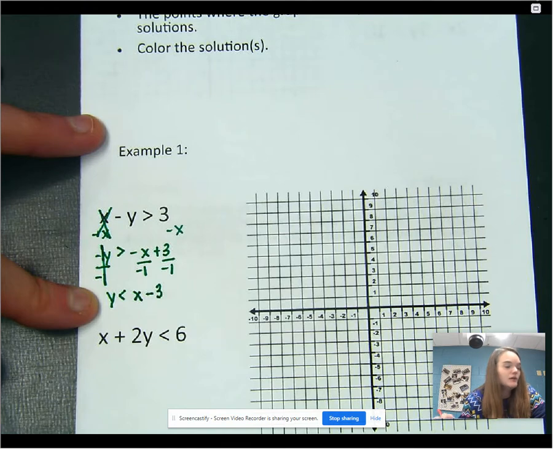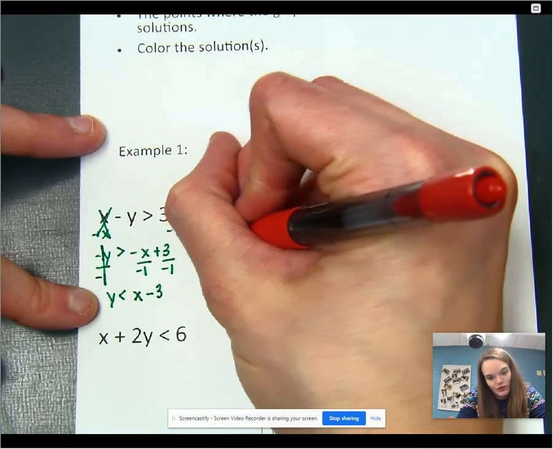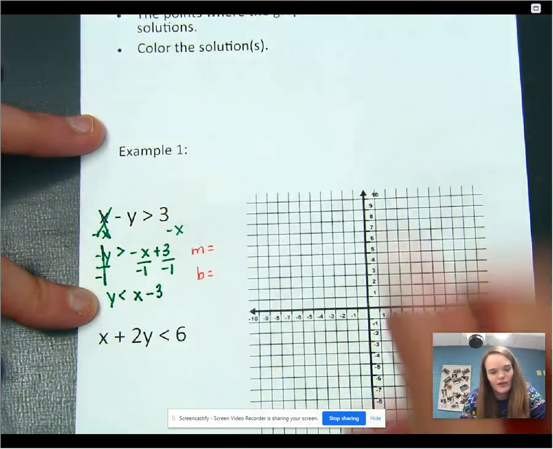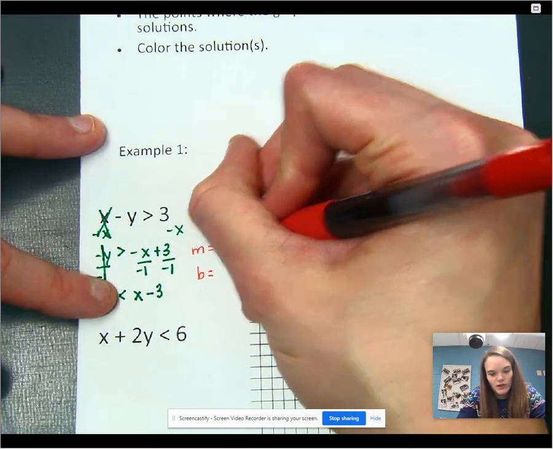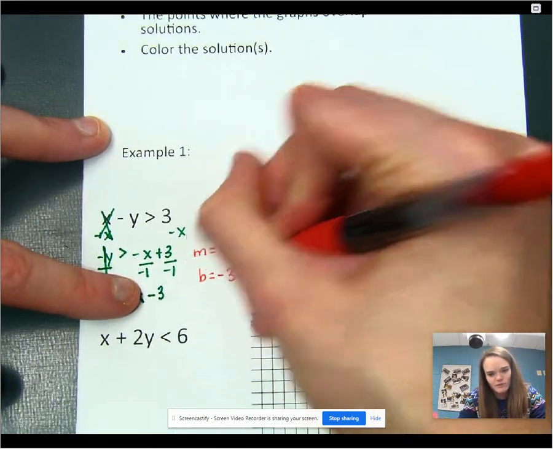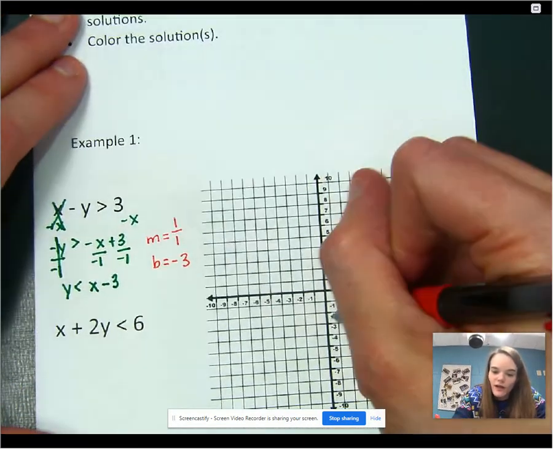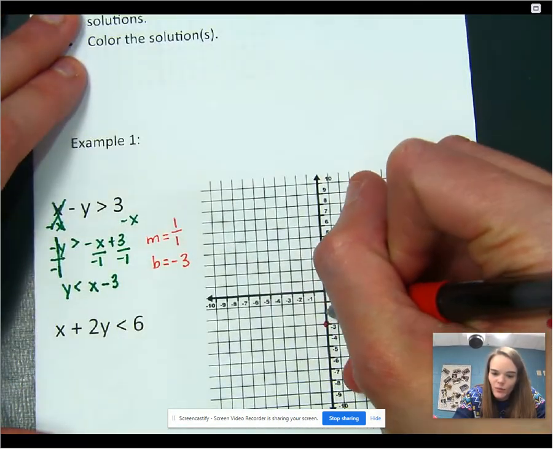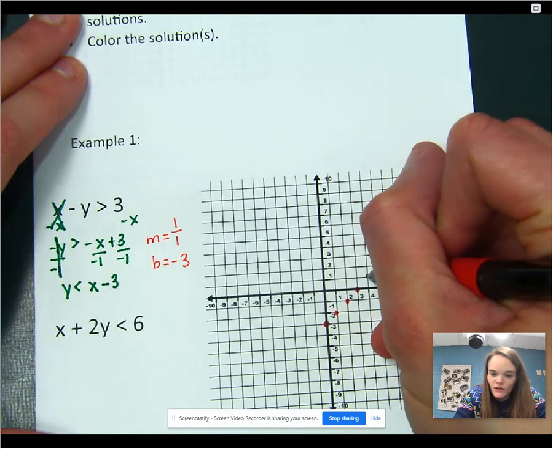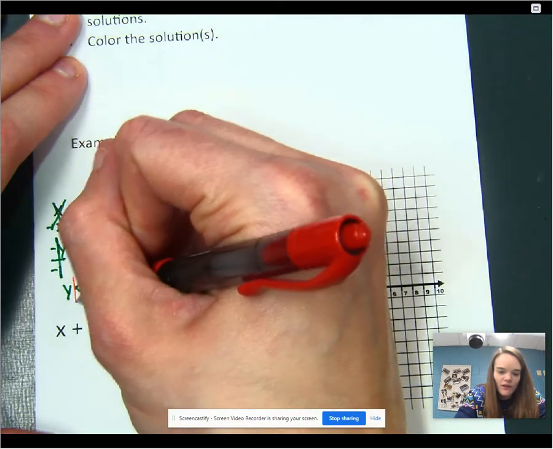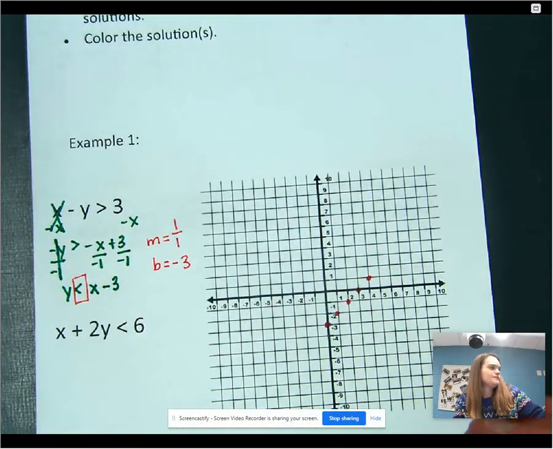Once you have solved it, we're going to do exactly what we did in the last video. The slope is 1 over 1. The y-intercept is negative 3. So negative 3, up 1 over 1. We are looking at this symbol, not the original one.